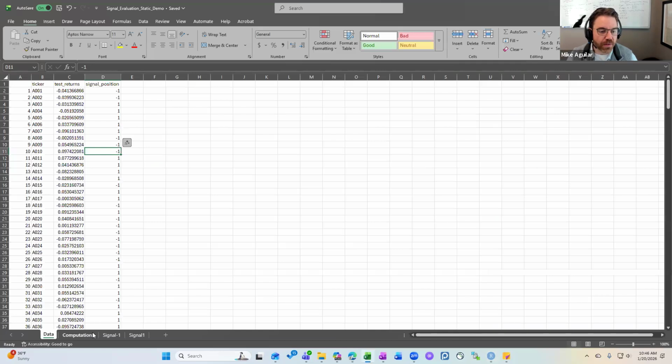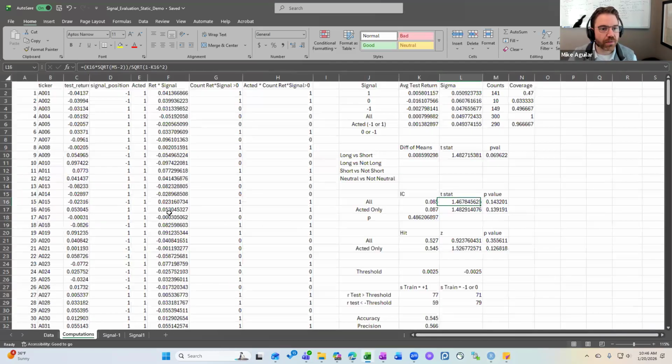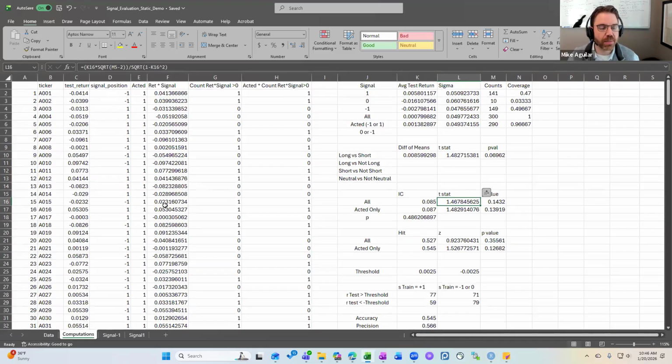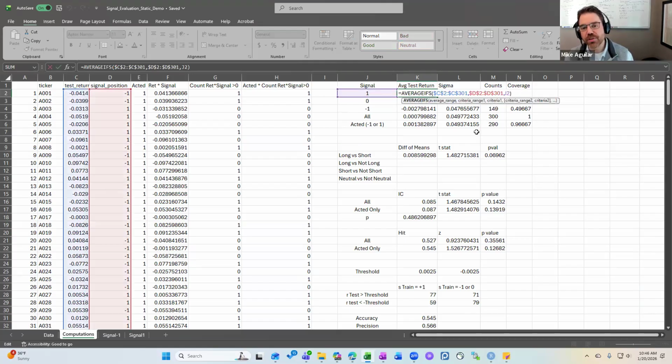So what I did was create, and I'll give all this to you because I'm a nice guy, a computations tab that goes through the calculations to construct that. Focus over here, all right? The average return for signal longs, that's what the AVERAGEIFS command does. I'm not going to go through a whole Excel video here.